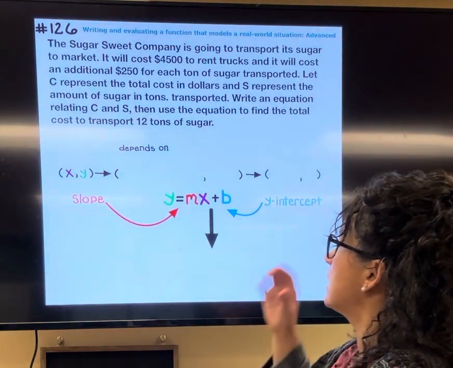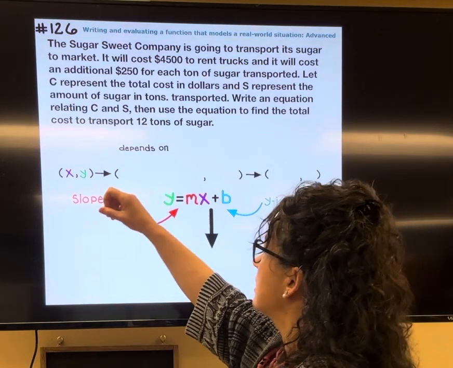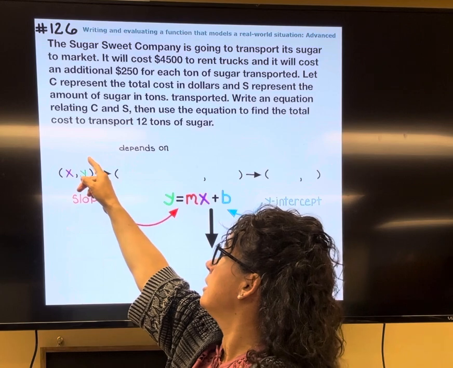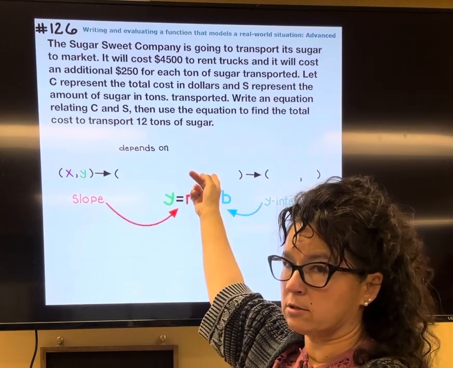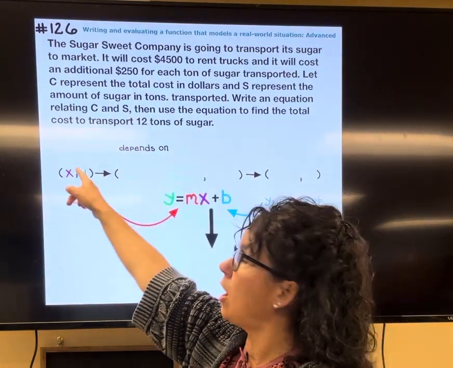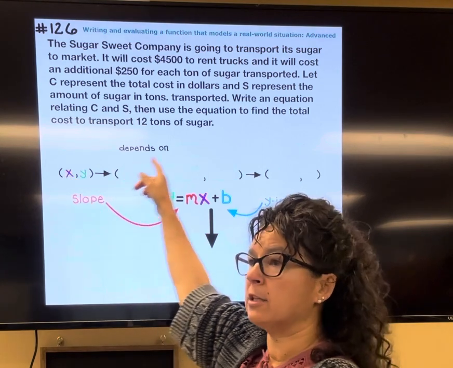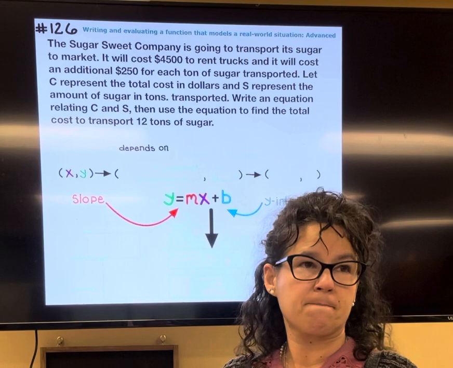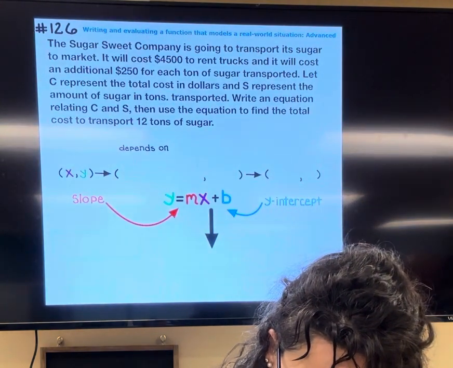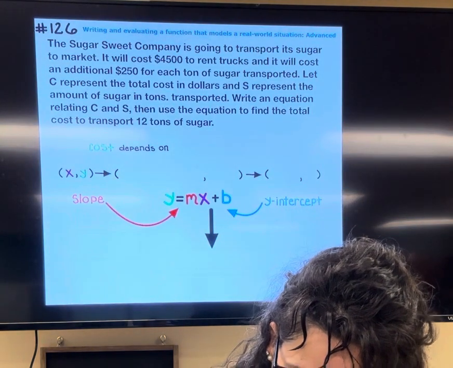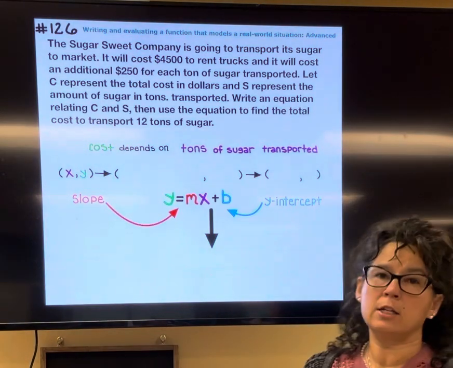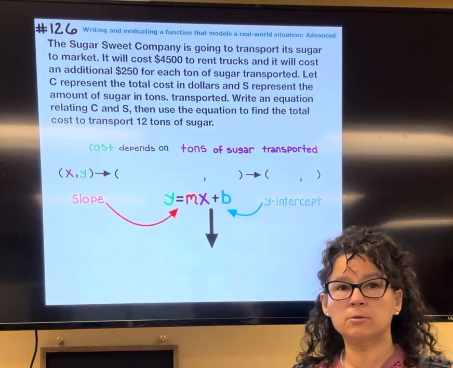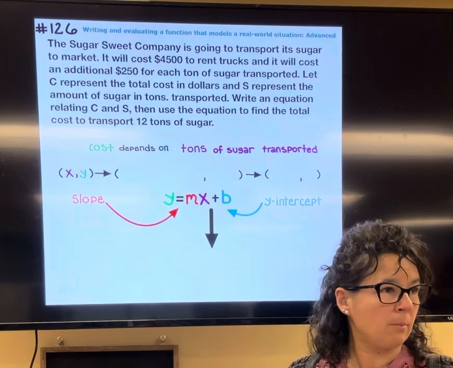Does it make more sense to say that the number of tons transported depends on the cost, or the cost to transport depends on how many tons you ship? I'm going to say the cost depends on the tons transported. The more tons you transport, the more money you're going to pay.